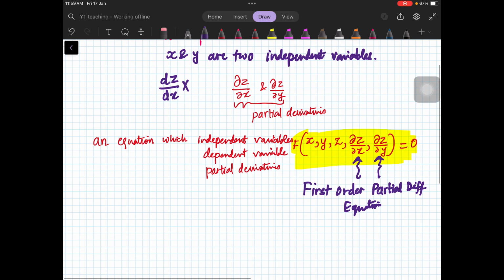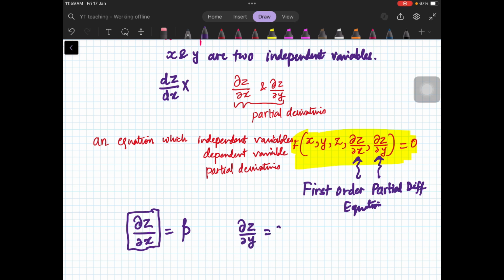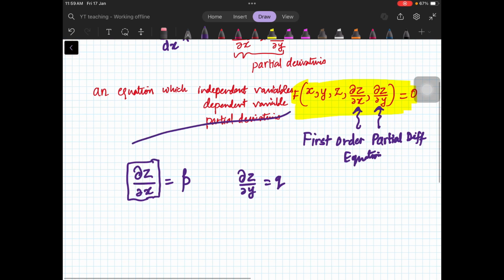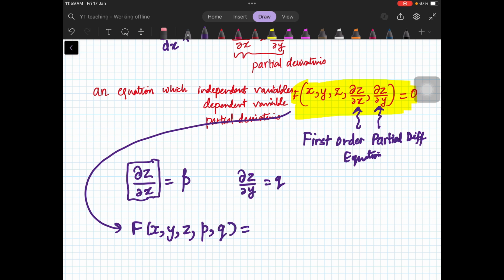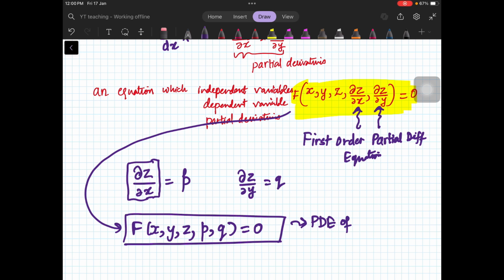Sometimes we introduce this notation: curly z by curly x, which denotes the partial derivative of the variable z with respect to the independent variable x, we call it p, and curly z by curly y, we call it q. Then this equation becomes f(x, y, z, p, q) equal to 0. So this is our partial differential equation. We will use the short form PDE of first order.